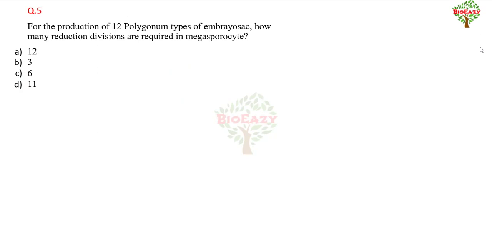Next, question number 5 is, for the production of 12 Polygonum type embryo sacs, how many reduction divisions are required in megasporocytes?